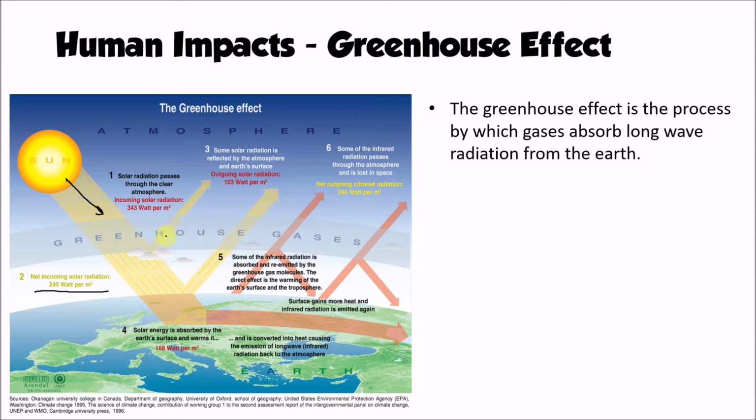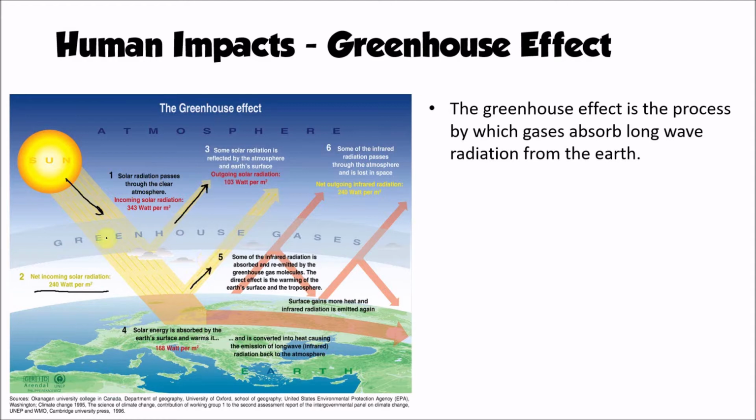Some of that sunlight though will bounce off of gases or clouds within our atmosphere, so some of that energy is reflected before it reaches us, and also some of it will bounce off of the surface itself. Some surfaces like snow and ice have quite a high reflectivity, what we call a high albedo, and that means that the sunlight is reflected.